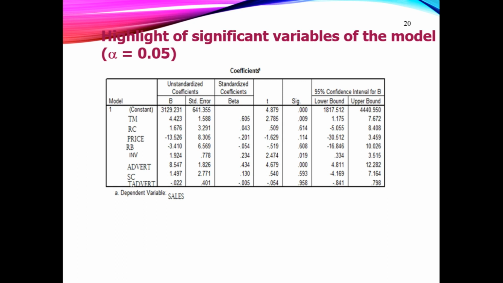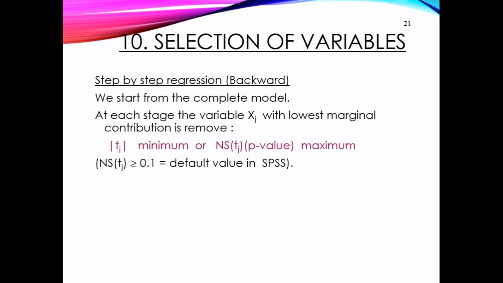So to do that, we'll do a step-by-step regression. When your model is not very good, when you see that many variables are not significant in your model, that means that you can remove some variables to improve the quality of your model.